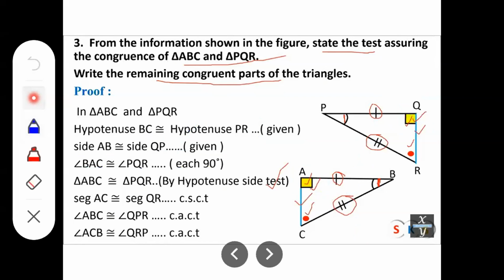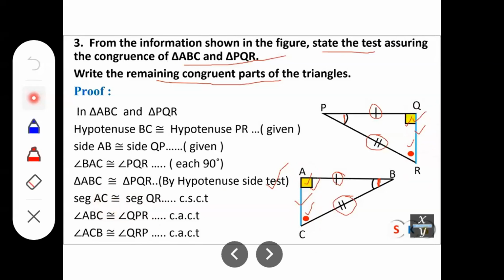Now let's write the corresponding sides and corresponding angles. We have already written two sides here. The rest of the sides: side AC is congruent to side QR.